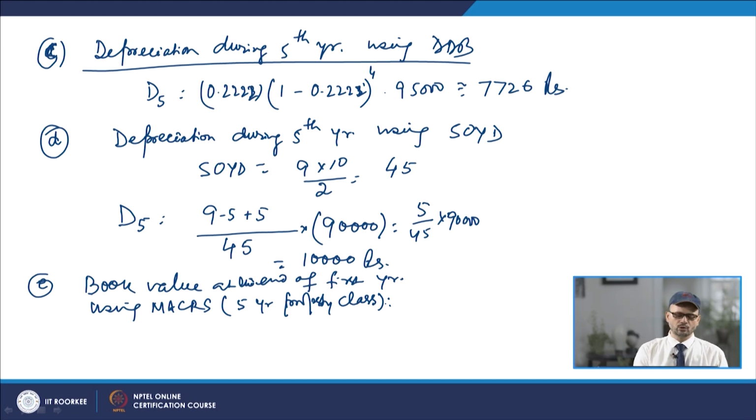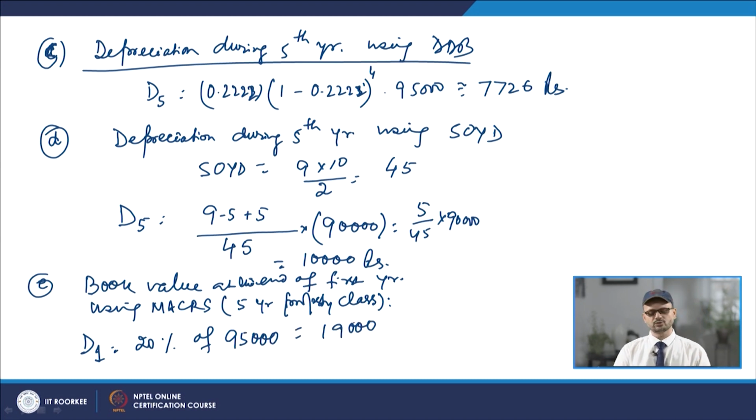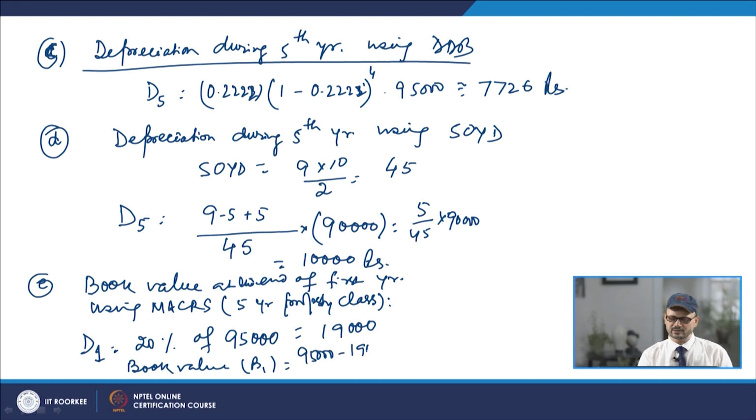amount. So, you will have depreciation during the first year will be 20% of 95,000. So, it will be 19,000 rupees. So, 19,000 will be depreciation. So, book value, if you calculate, B1 will be 95,000 minus 19,000.